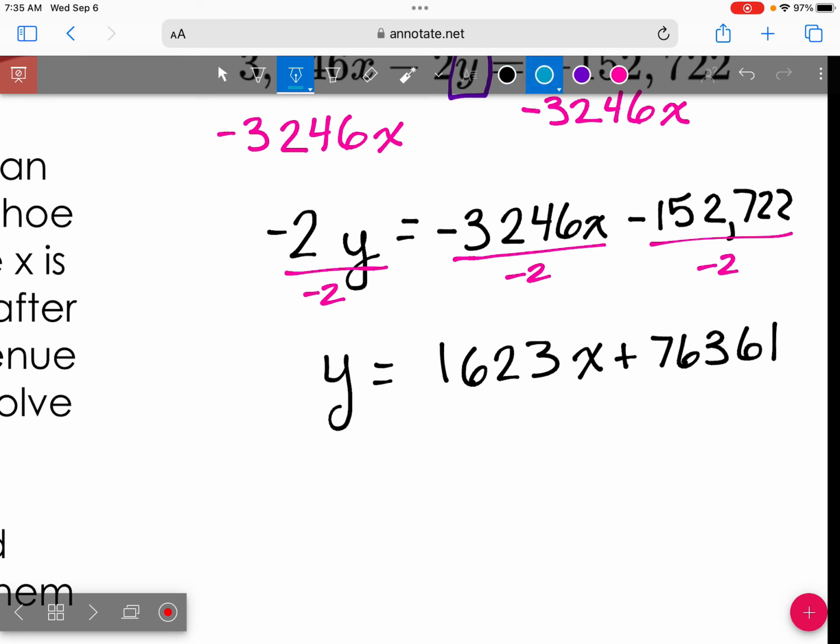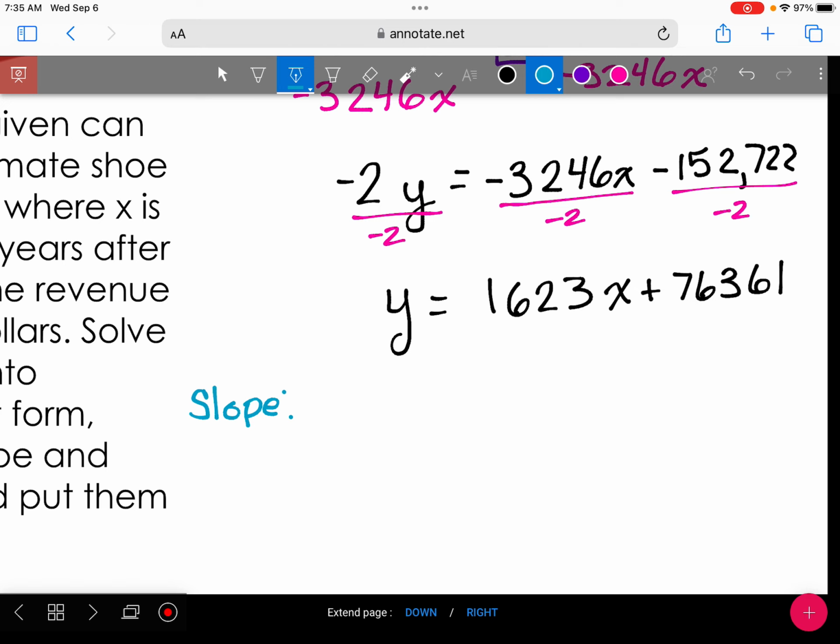So then we were asked to find our slope. What is our slope? 1,623. What is our y-intercept? So those are the pieces we've done before.